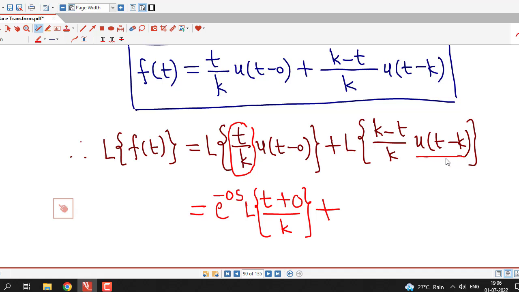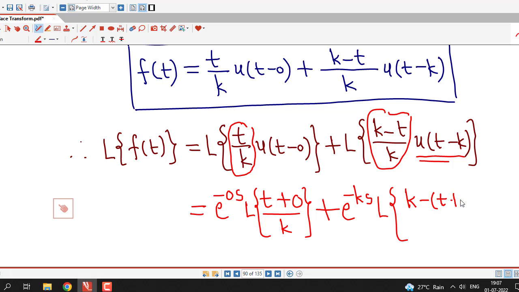Here the unit step function is at point k, so we consider e raised to minus ks, and in this function we replace t by t plus k, and then we find its Laplace transform. So k as it is, this t is replaced by t plus k divided by k.